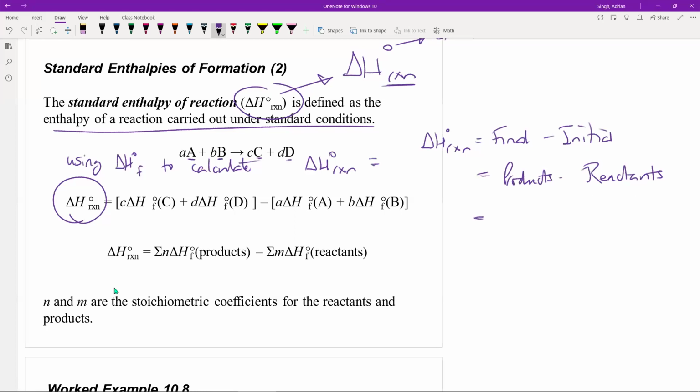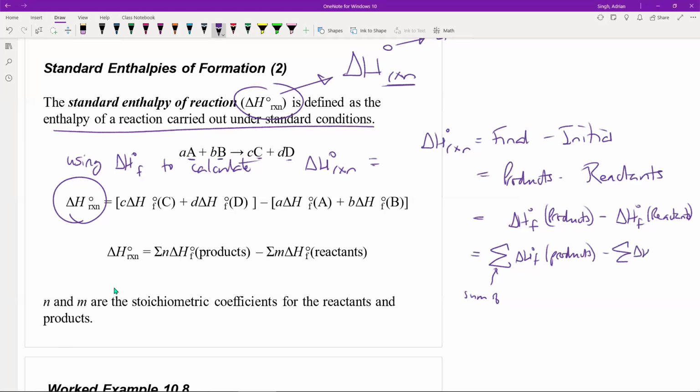And now we're looking at the delta H of formation for the products minus the delta H of formation for the reactants. And now if we have more than one reactant, we need to sum those. So this abbreviation here, that's the symbol sigma. Okay, that means sum of the delta H of formation for the products minus the sum of the delta H formation for the reactants.